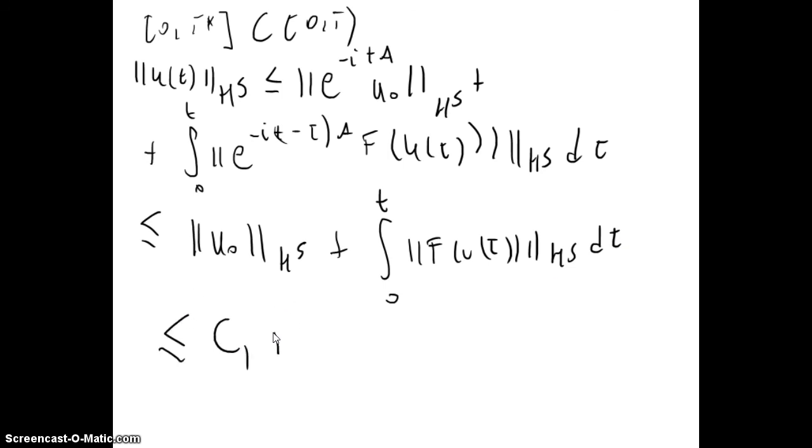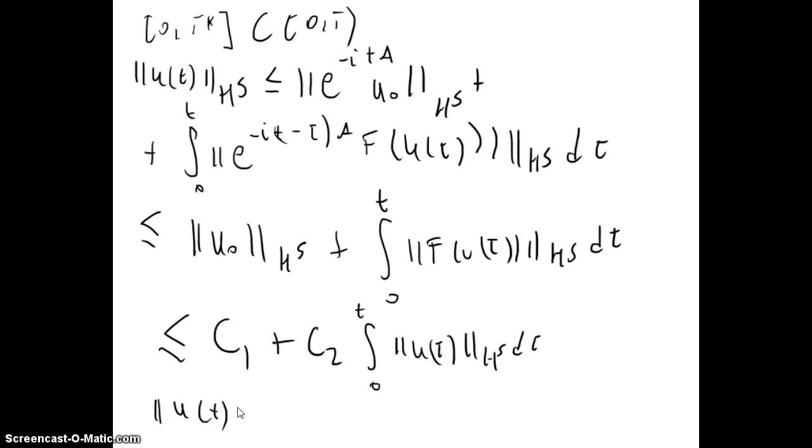We'll say here we have a constant plus another constant, and now we can bound this by lemma 3 by the norm of u(tau) in H^S d tau, provided that the norm of u(t) in H^R is less than or equal to 1 for R the maximum of s minus 1 and 1/2, okay, that's the next.